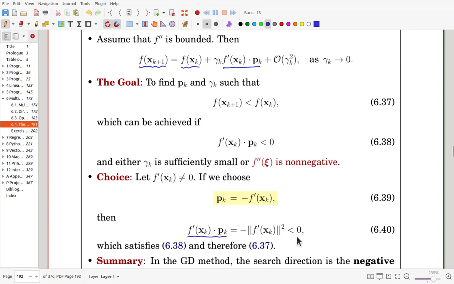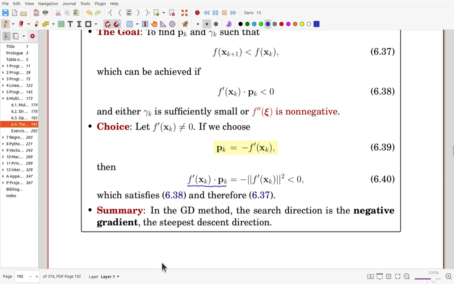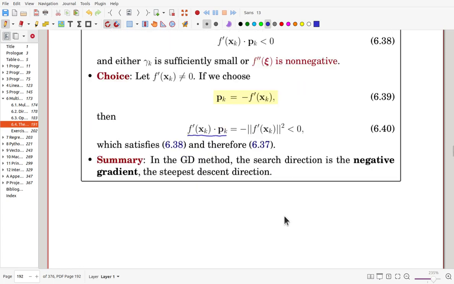So it is negative when the gradient is non-zero. That's the choice for the gradient descent method. So here we can summarize. In the gradient descent method, the search direction is the negative gradient, the steepest descent direction.